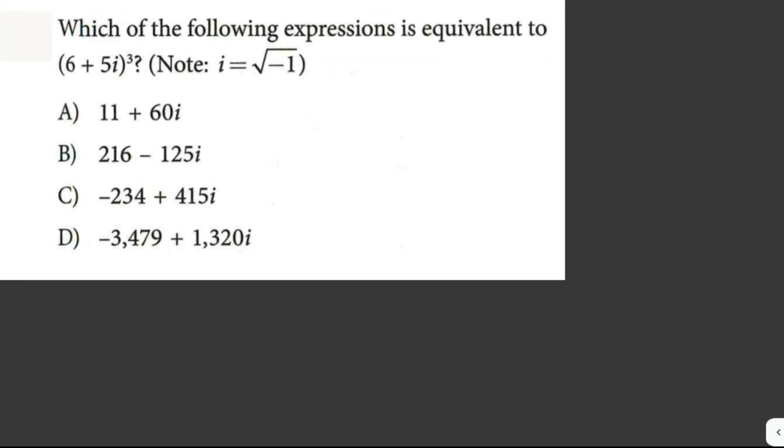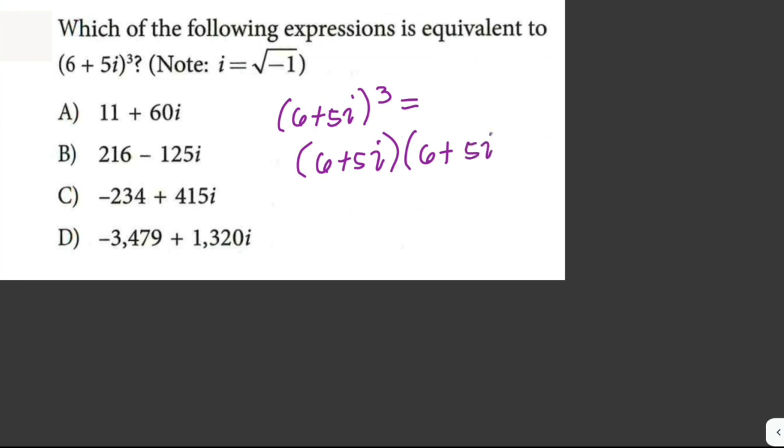So you can write (6 + 5i)³ as (6 + 5i) times (6 + 5i) times (6 + 5i), 3 times.